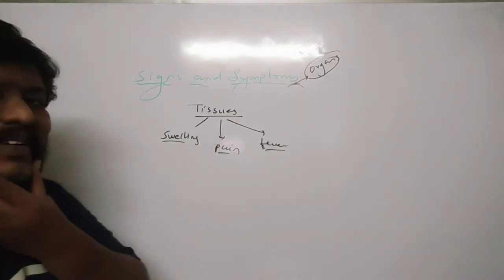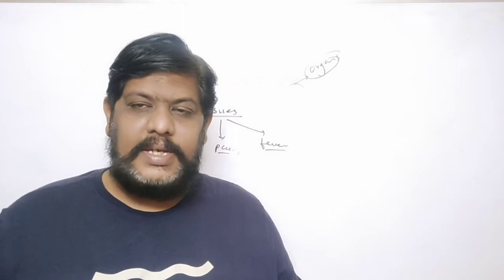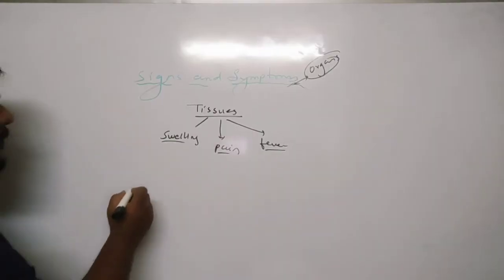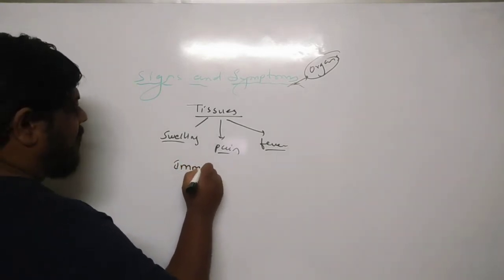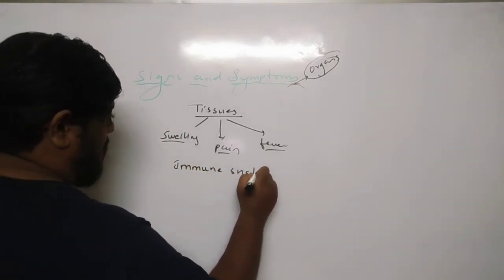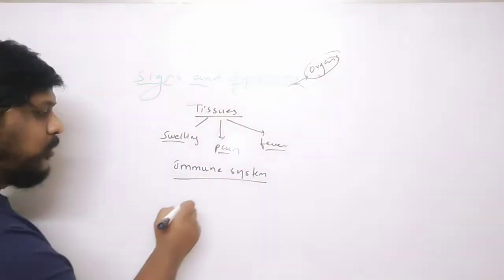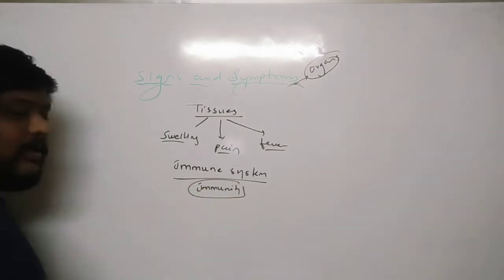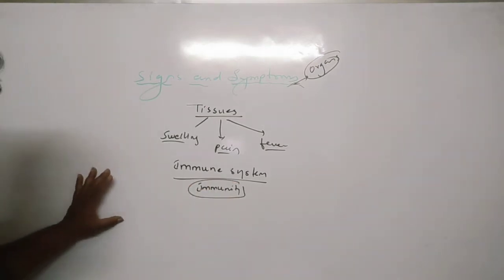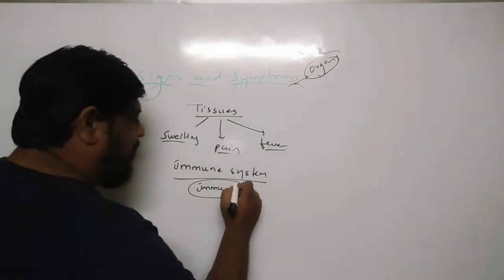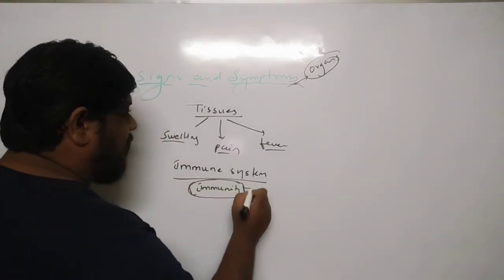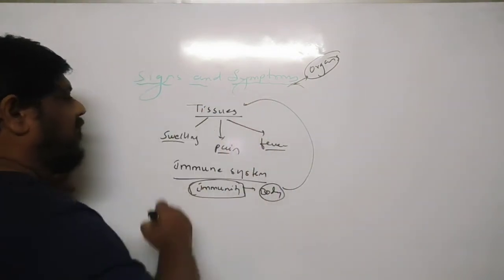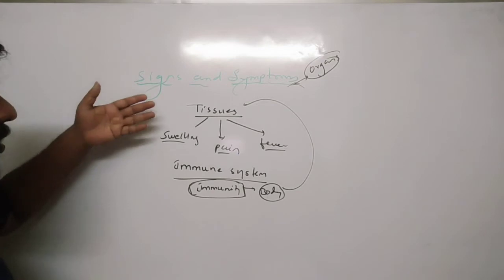Now, why will you see these symptoms? What is the reason for these symptoms? That is what we are going to discuss now. This will completely depend upon the body's immune system. Nowadays we are hearing this word called immunity, right? The complete system depends upon the immunity we have in our body. If you have very good immunity, the body will fight with the microorganisms which are in the tissues or in the organs.